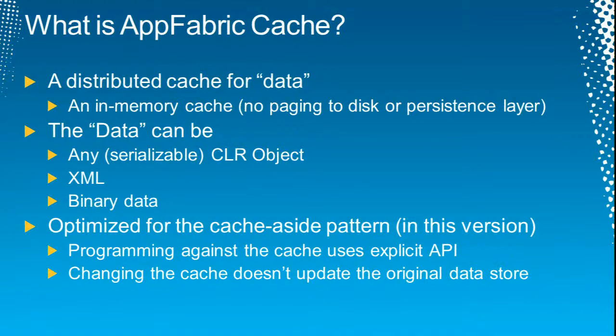If object A is not in the cache, then you respond in your code by going and getting object A. And again, that could be data from your database, data from a web service call, data that you pulled from the file system, from the registry, it doesn't matter where the data comes from.